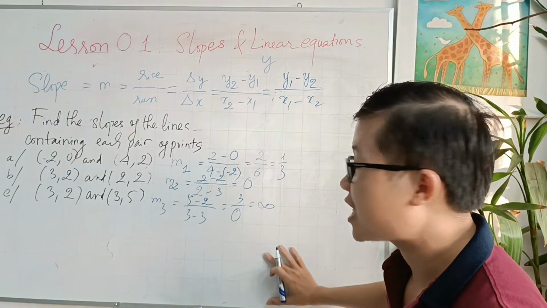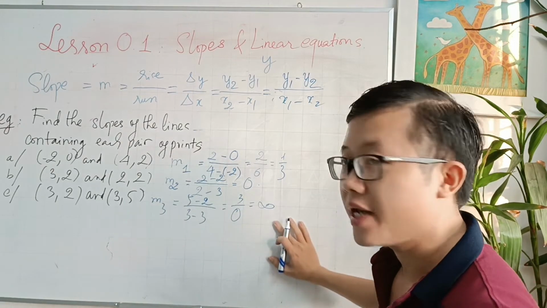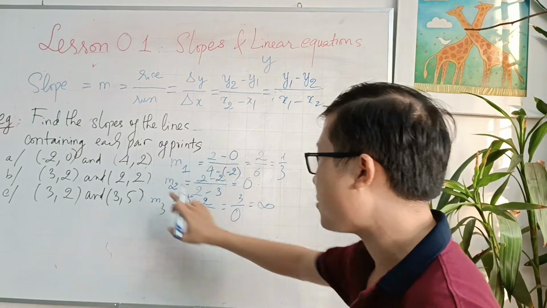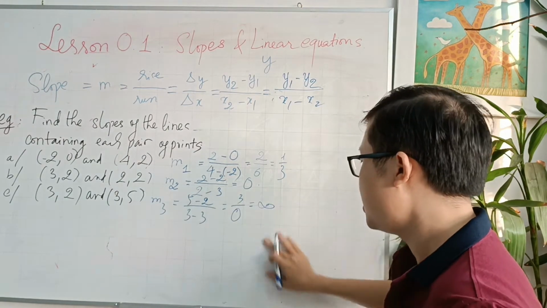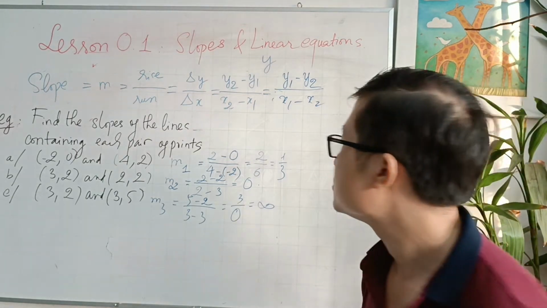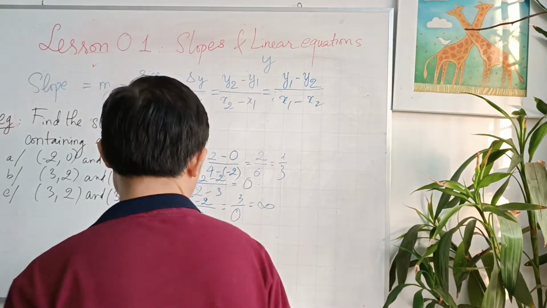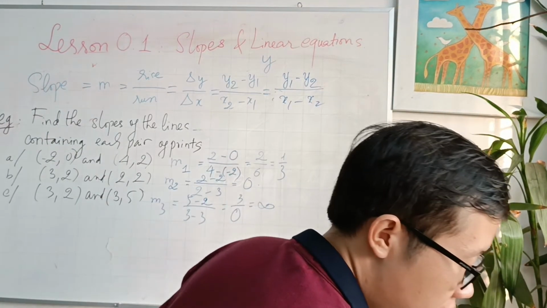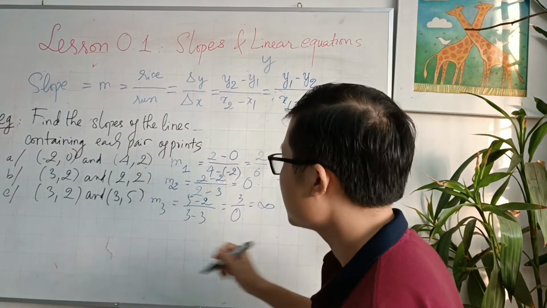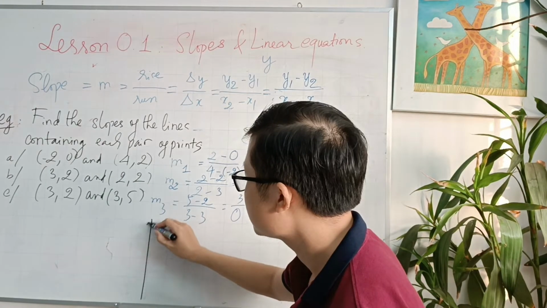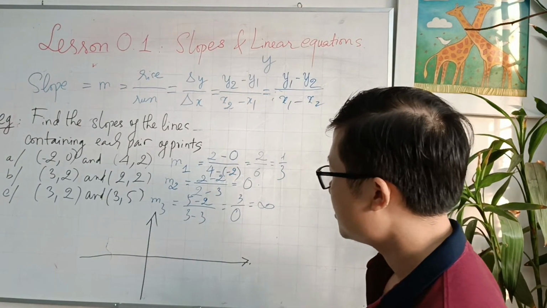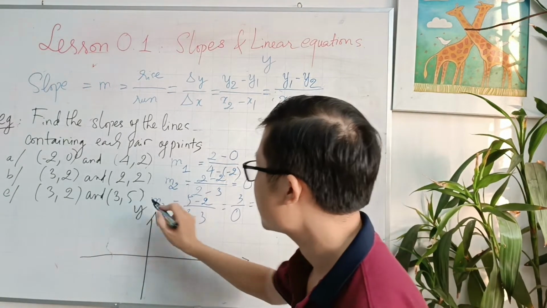I want to sketch the coordinate system to illustrate the values of M2 and M3. We have a coordinate system here with the x-axis and y-axis.